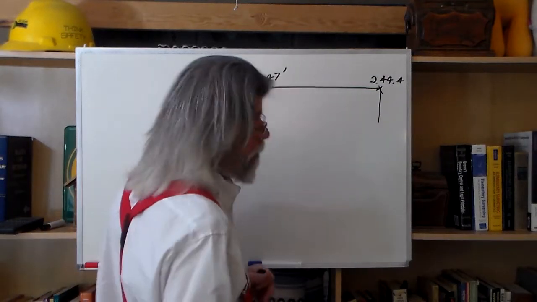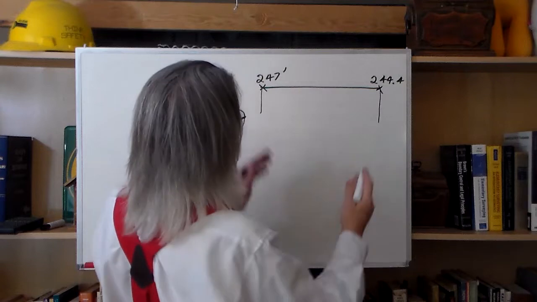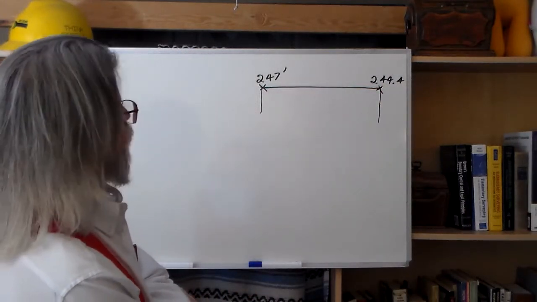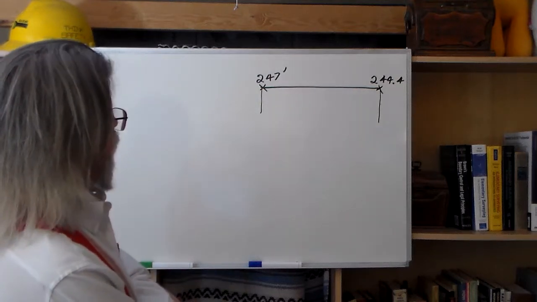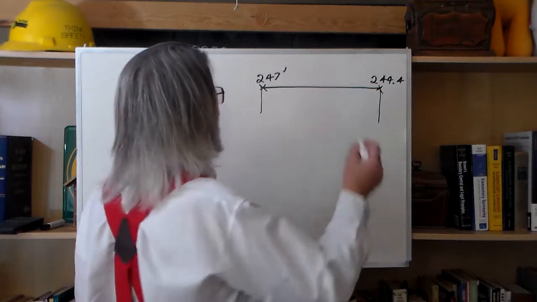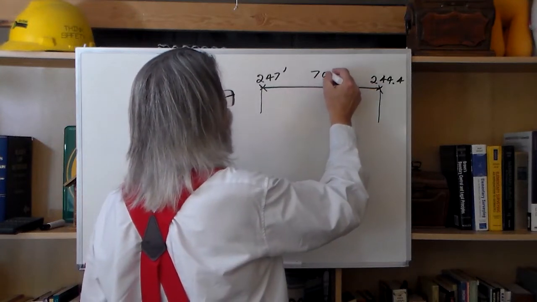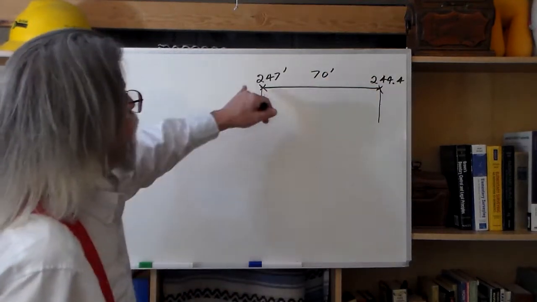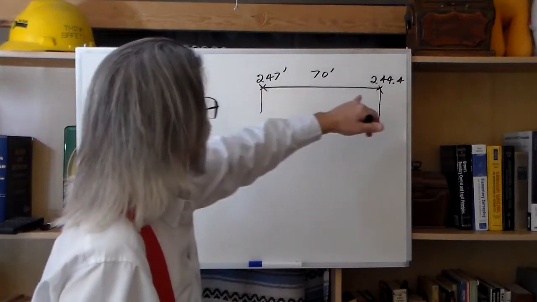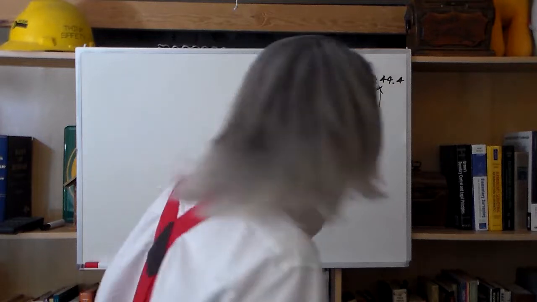In our example, let's say there's, I don't know, 7 parking spaces in there. Let's say that they are about, we'll make it easy, we'll say 70 feet apart, horizontally. So you have a 70-foot horizontal distance, and you know the elevation here, and you know the elevation here.